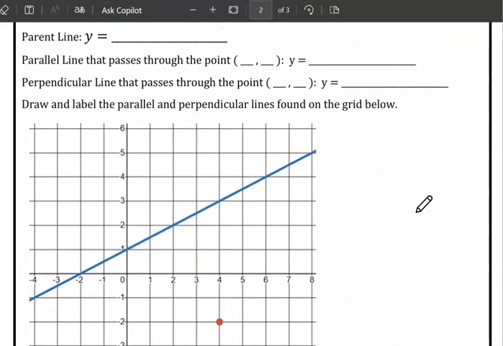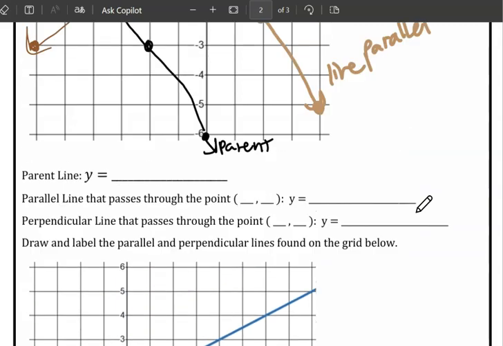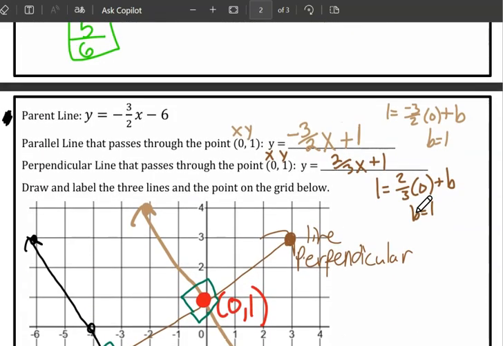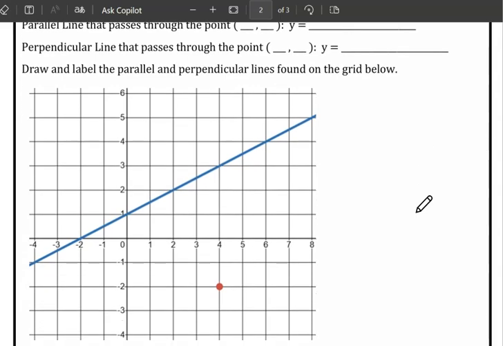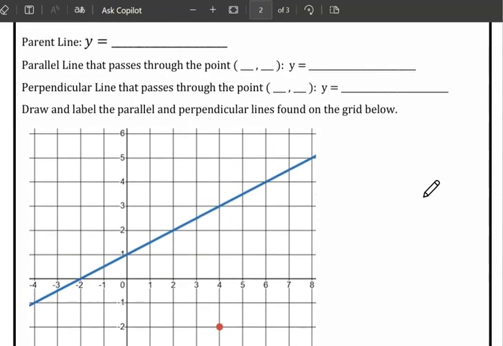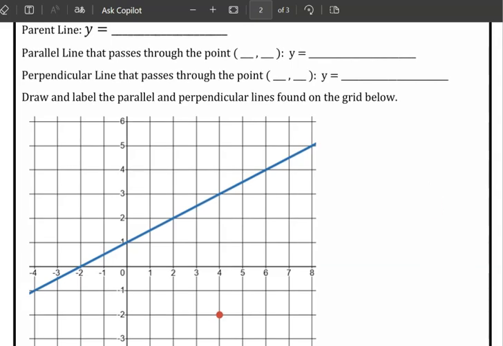Now let's look at this one. On this example, instead of it giving a parent line equation, it gives you a parent line on the graph. Let's see. Our y-intercept is 1. And let's draw a slope triangle to find the slope. Draw 2 lattice points. Those are points where the graph intersects both grid lines.